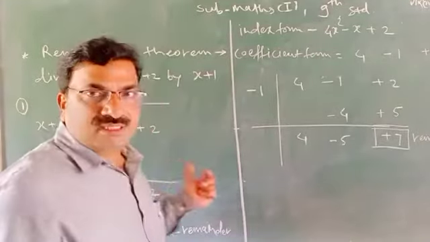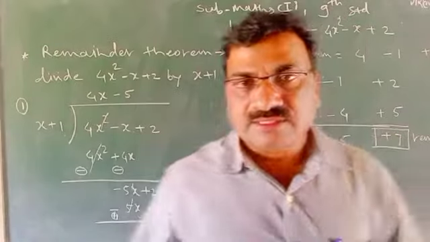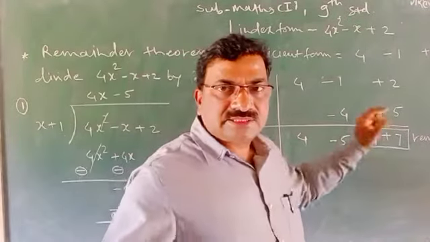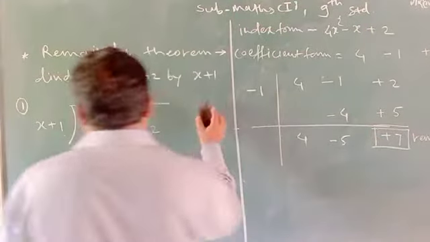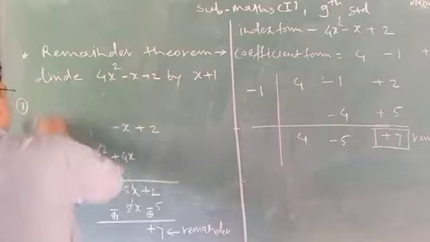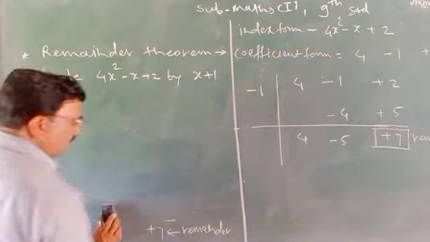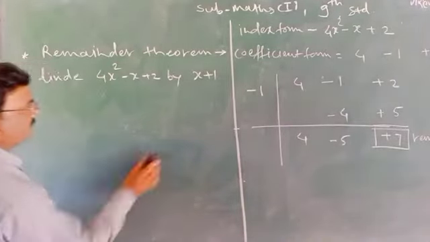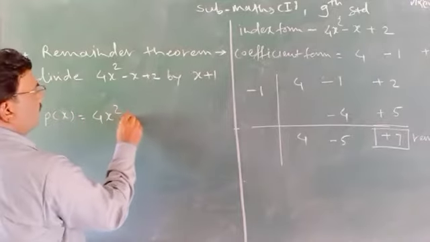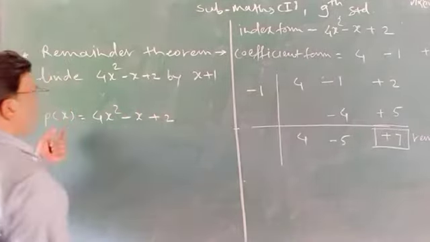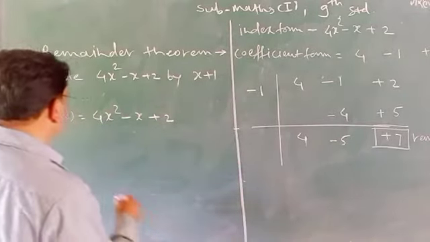See, in the first method, regular division method, the remainder is 7. In the synthetic division method, the remainder is 7. And if we find the value of the polynomial, again we can obtain the value of that polynomial the same, that is plus 7. P of x is equal to 4x square minus x plus 2, and the value of x is minus 1. x plus 1 is equal to 0, then x is equal to minus 1.